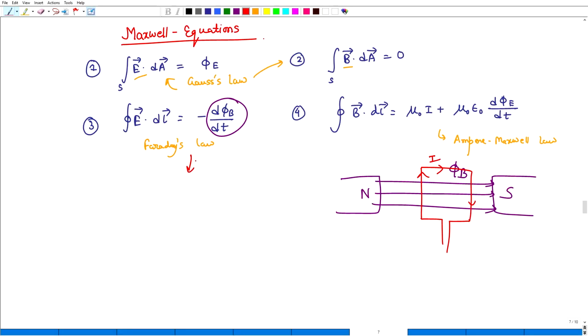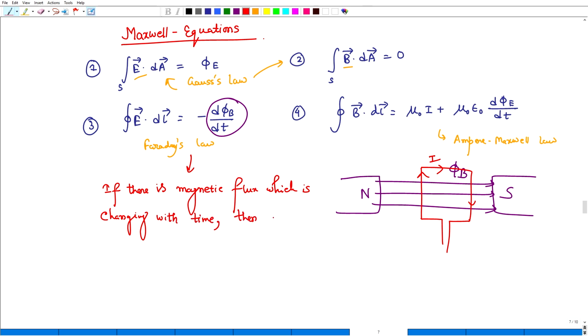The outcome of Faraday's law is that if there is a magnetic flux which is changing with time, then an electric field will be generated and we can have the electric current, as we can see here.